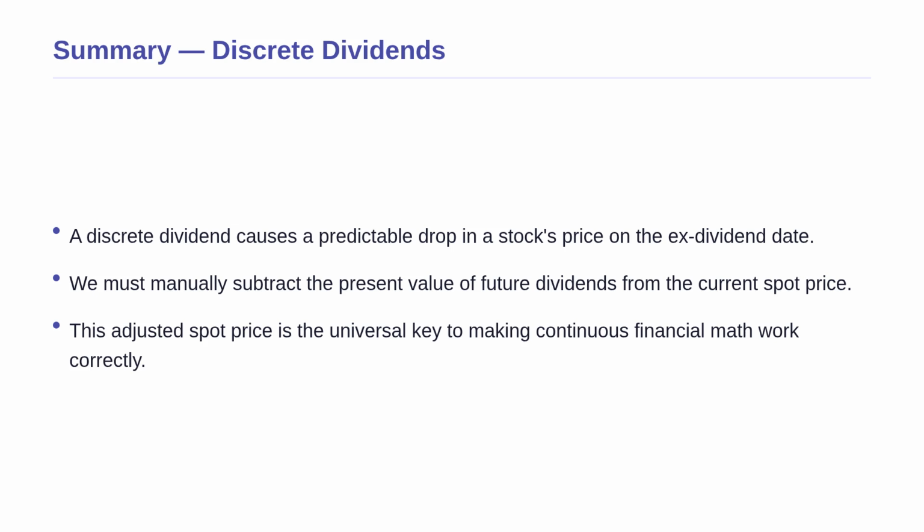This creates an adjusted spot price that represents only the risky, fluctuating value of the company's core business. Whether you are pricing a forward contract, using the Black-Scholes formula, or building a binomial tree, this simple subtraction is the universal key to making the math work correctly. You now have the tools to handle discrete dividends in any financial model.